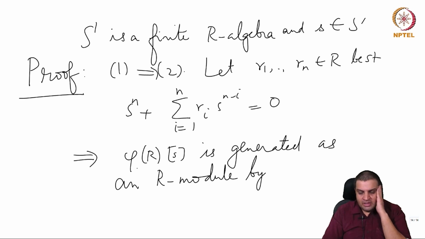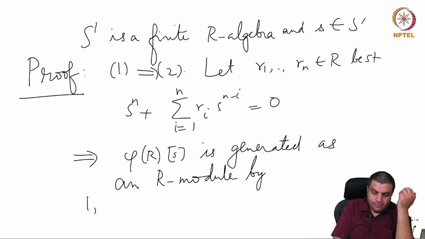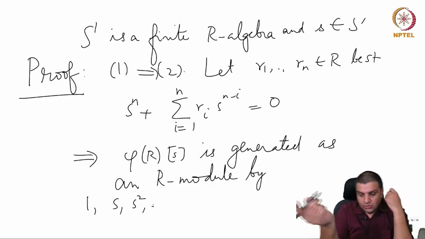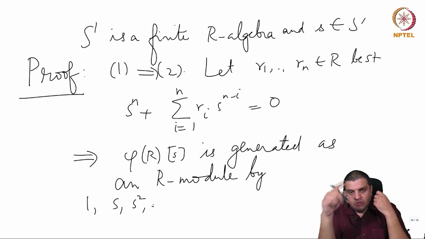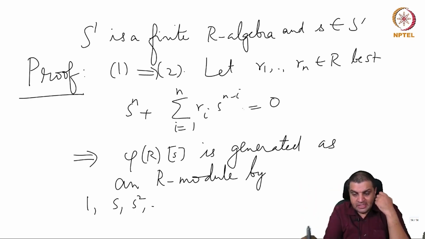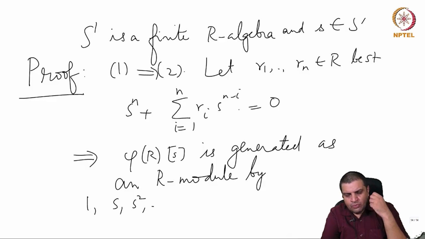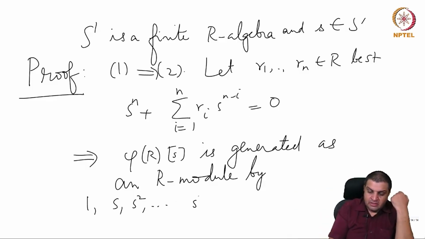If you have a polynomial ring, let's say k[x], it is generated as a module by the powers of the variable. So here it will be generated by 1, s, s squared and so on, but as soon as we see an s^n, we can use this expression to bring that degree down. Okay, so this is generated by up to s^(n-1).